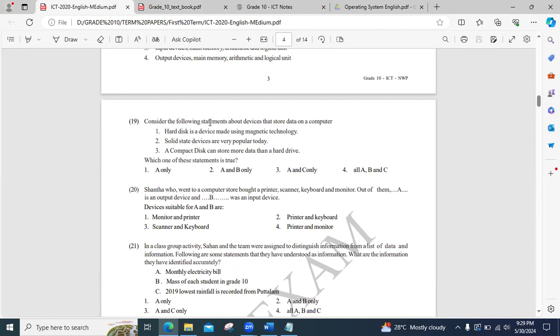Solid state devices are very popular today. Pen drives and memory cards are solid state devices, so they are very popular today. A compact disk can store more data than a hard drive? No, a hard drive can go up to 1 TB, while a compact disk is 700 MB. So in the 19th question, 1 and 2 are correct, that means A and B. So the 19th answer is 2.